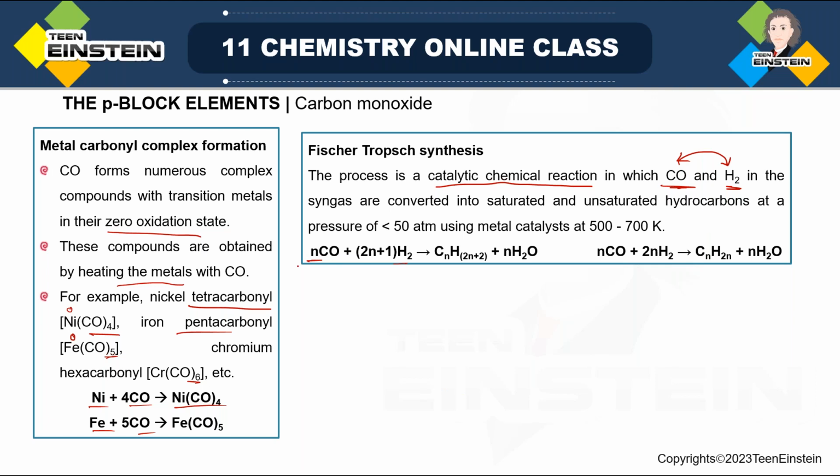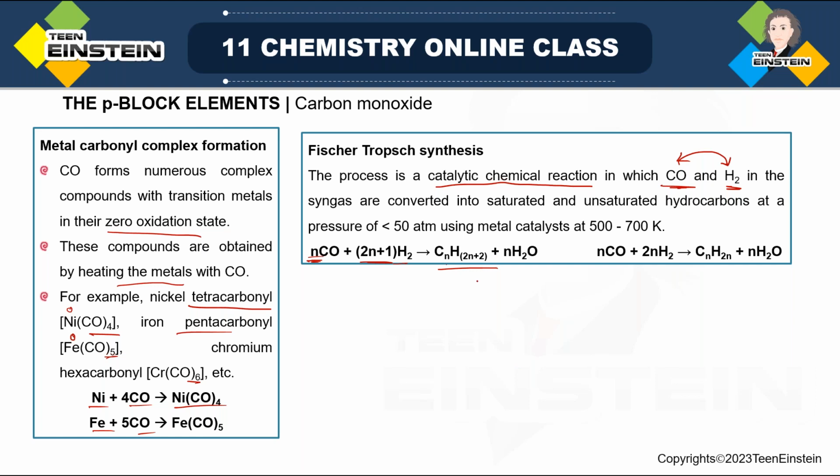So though it is syngas, the mole ratio is different. Here it is n, and it is 2n+1. What you are getting is hydrocarbon, CnH2n+2. You can find similarity with alkane, because in alkane, this is the number of carbon and hydrogen.